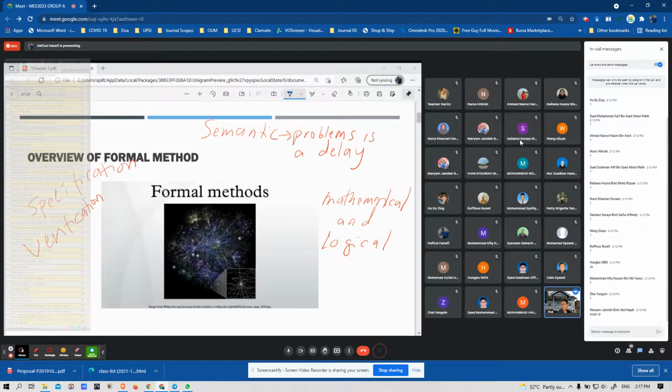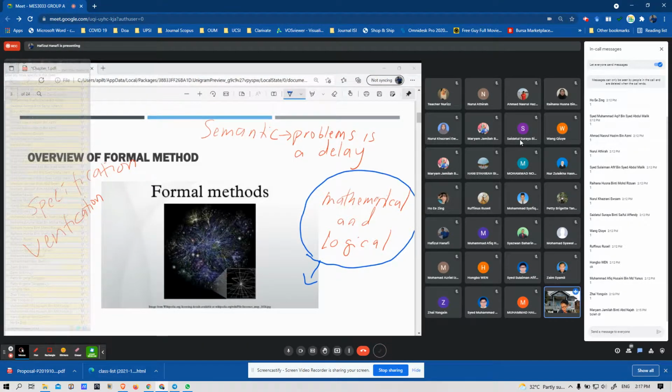In contrast to other design systems, formal methods use mathematical proof as a complement to system testing in order to ensure the correct behavior. We are using mathematical and logical methods.